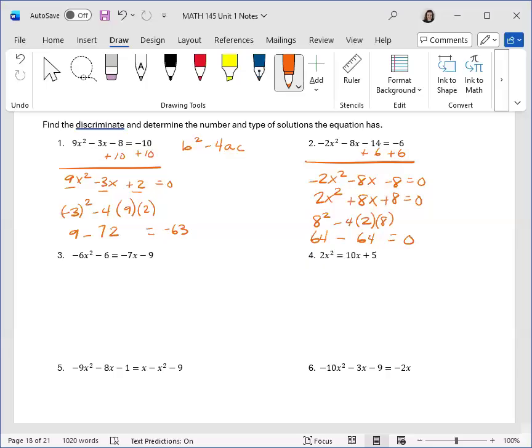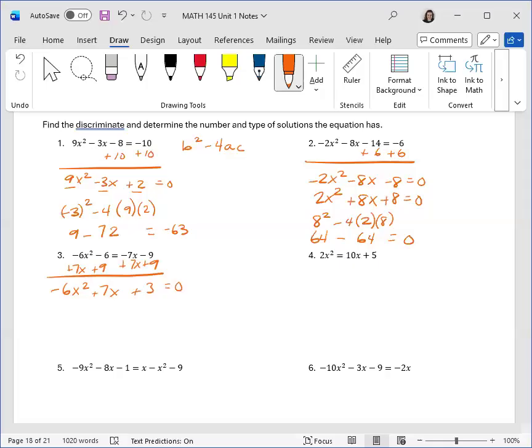Okay, next example, again, getting it in the right form, adding 7x to both sides and adding 9 to both sides. Gives me the quadratic equation negative 6x squared plus 7x plus 3 equals 0.